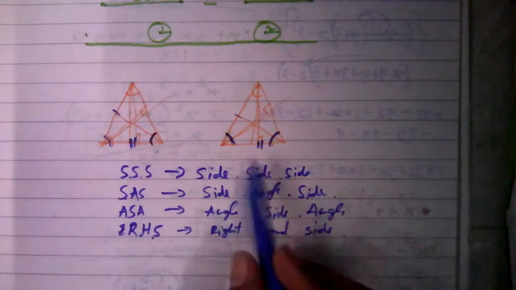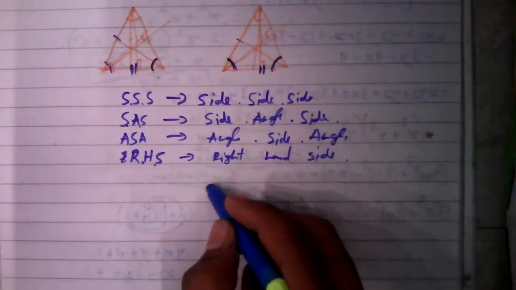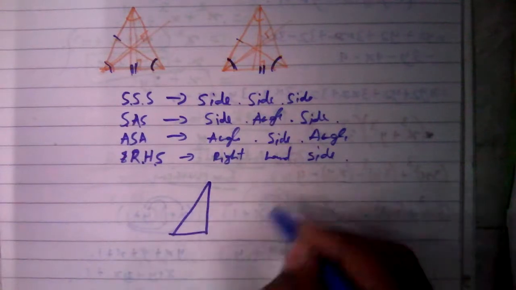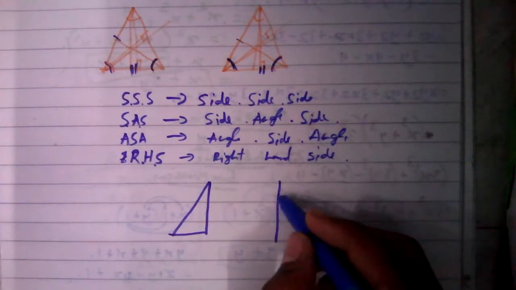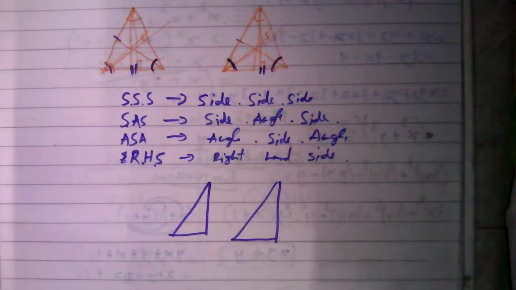And RHS is only applicable for right triangles, like this. Let me change the color.